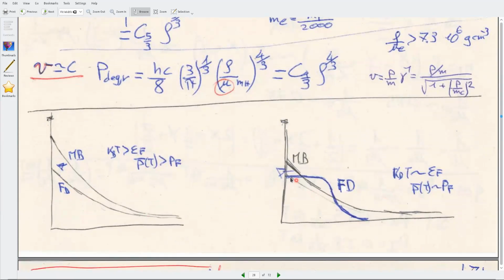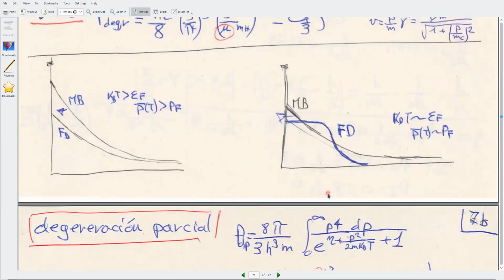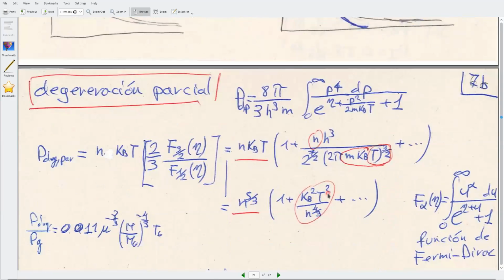When it starts to be relativistic, there is this deviation from, as I saw before, something similar to Maxwell-Boltzmann, and you start to see the effect of the degeneracy. Usually the degeneracy can be partial, not total.